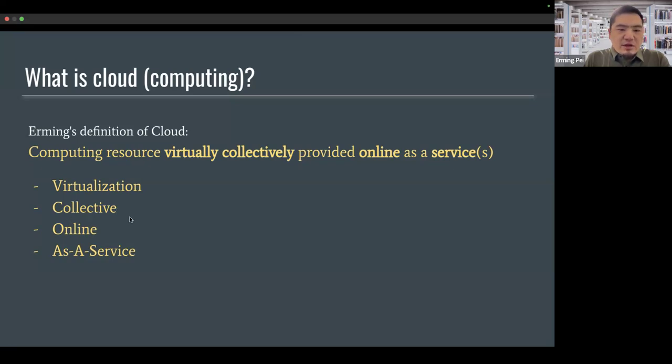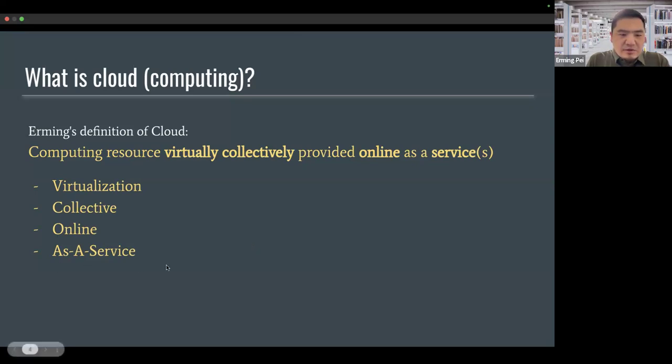Then collective, that means the resources are gathered in a certain place. Even if at the backend it could be distributed, users see it as coming from one portal. Online means we can access it online, without needing some specific physical network.